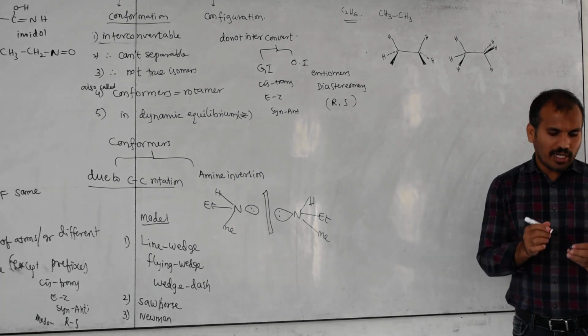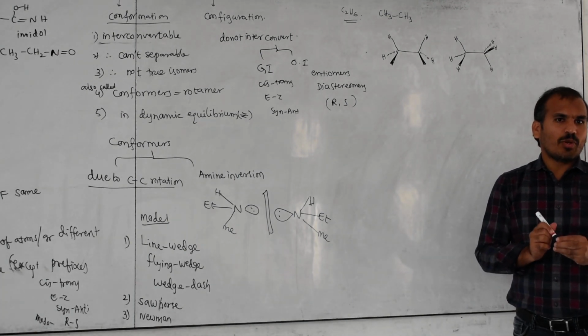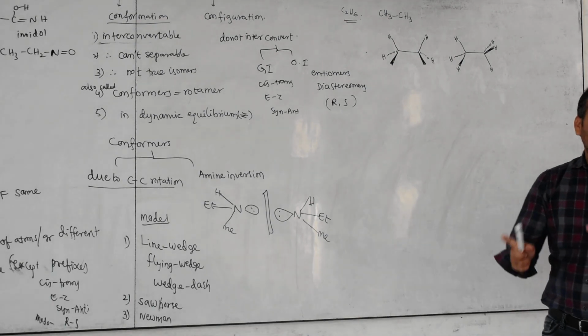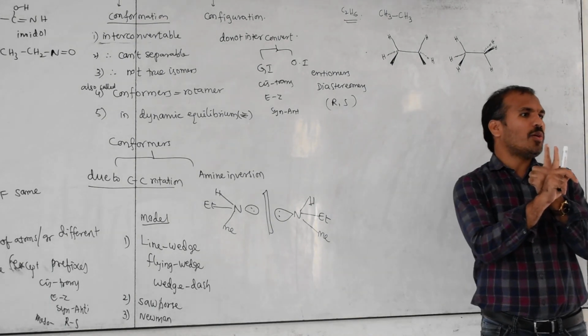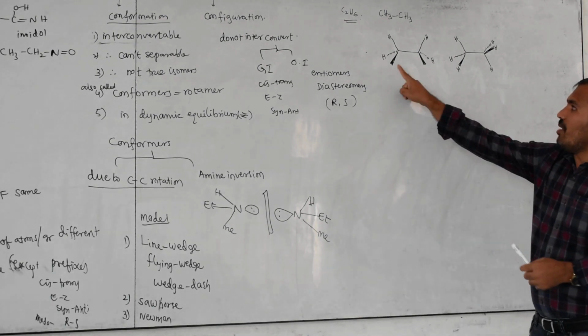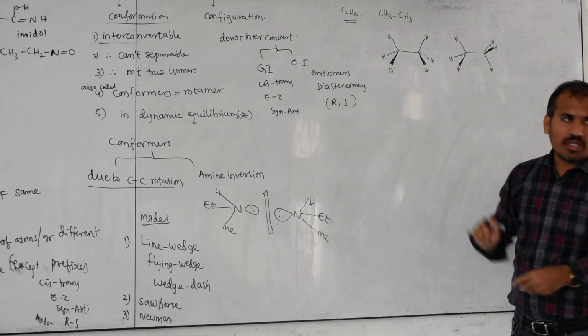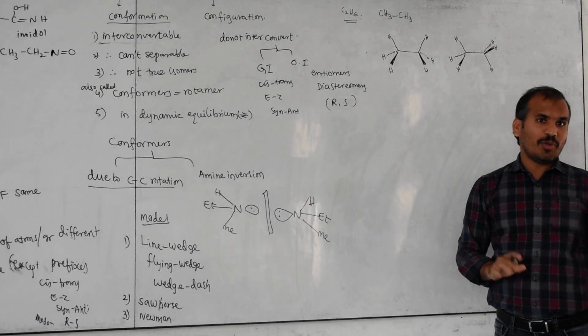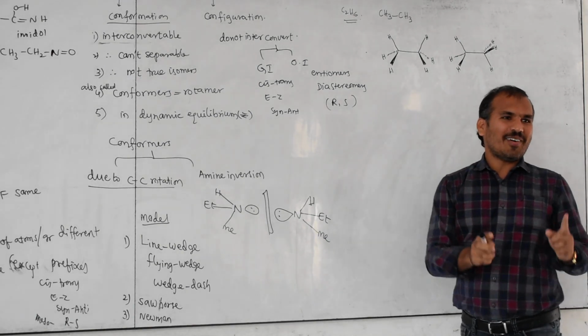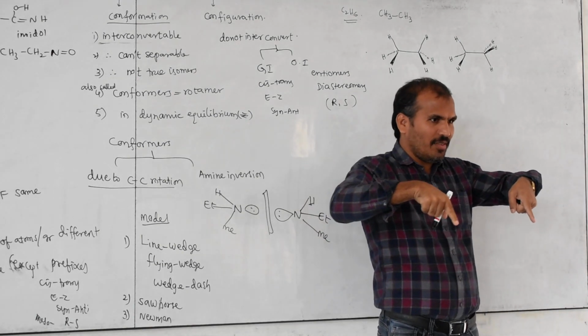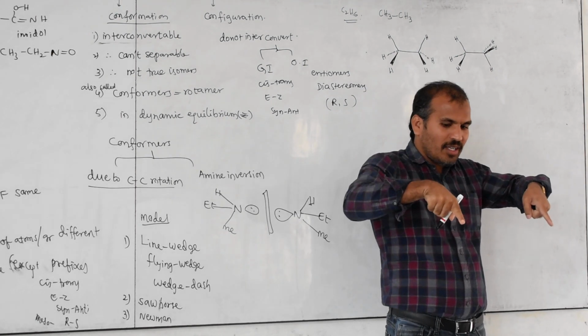Do you know what eclipse is first? A solar eclipse means they come into the same position, and that angle is 0. In between these, I forgot a hydrogen here. In between, how much is the angle? Don't say 180.